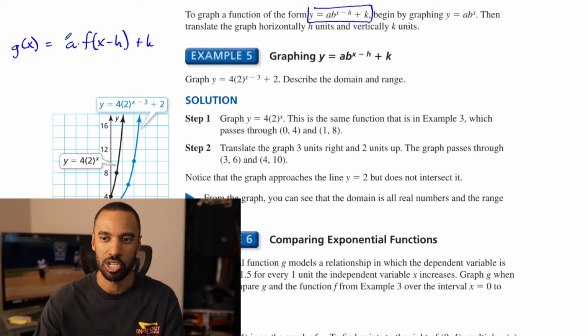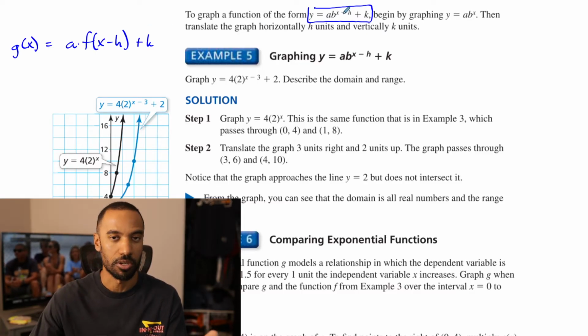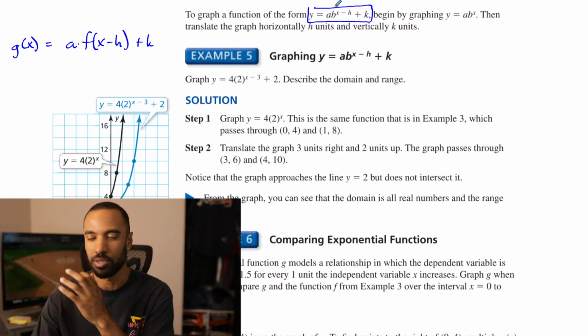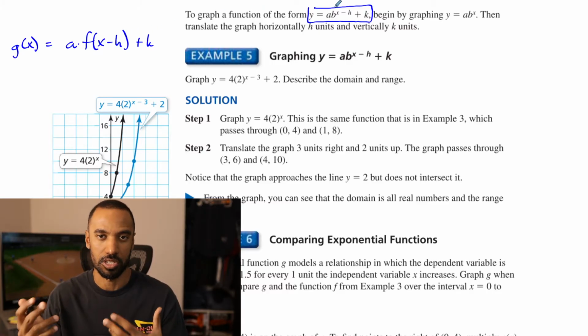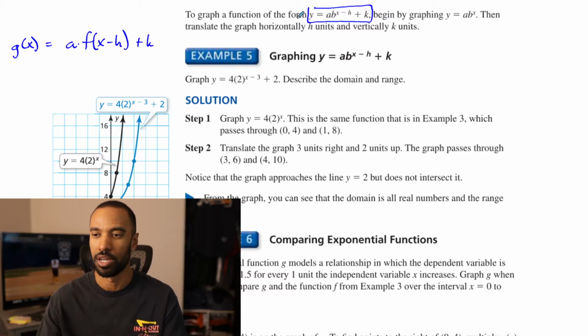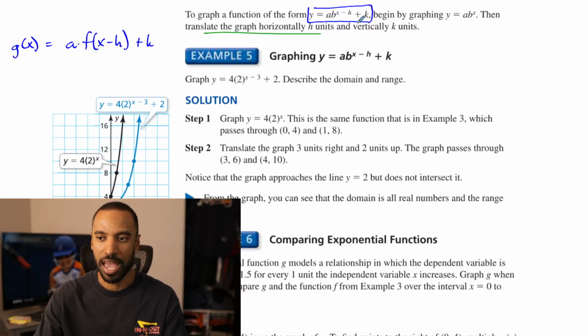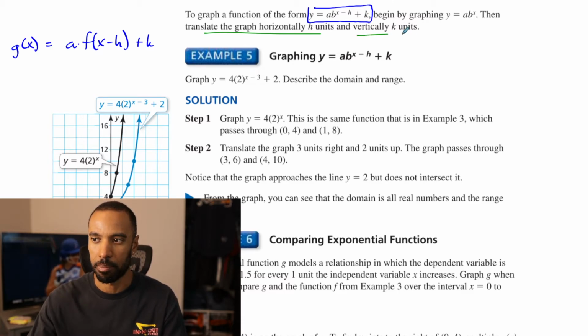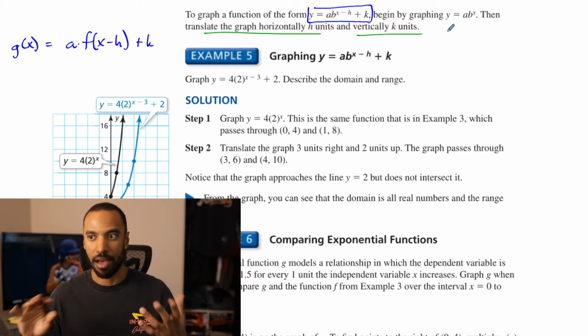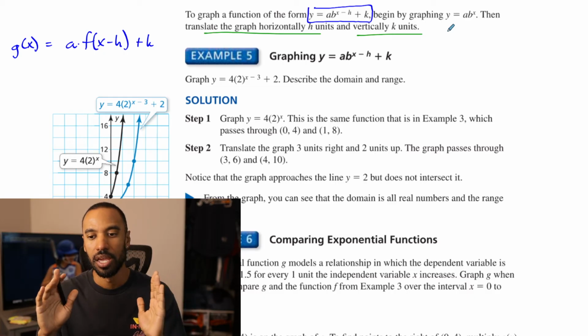The x minus h is in respect to horizontal translations, and it's opposite of what you see inside here. I'm not going to get deep into that because it's something we would have already learned at a previous point, but that's horizontal translations. Plus k is vertical translations, things that happen after the fact there.